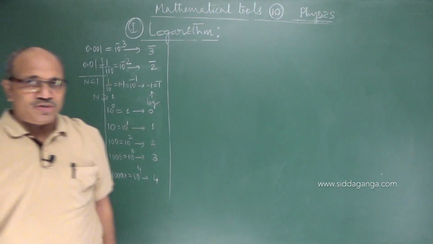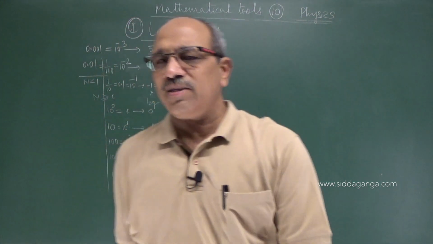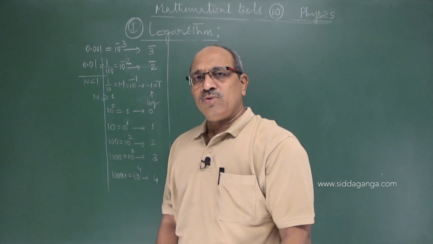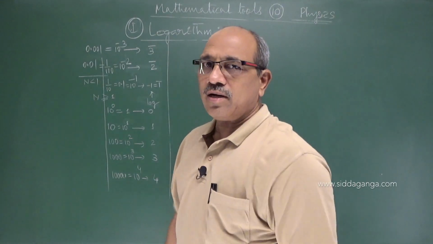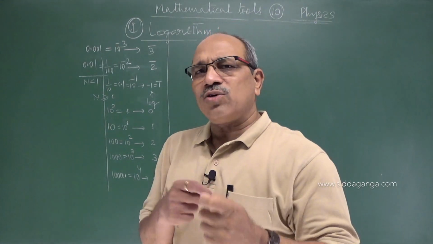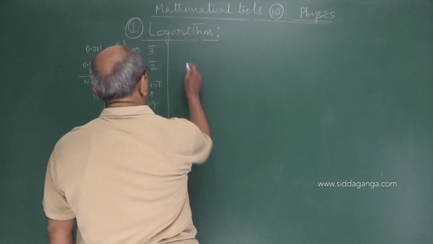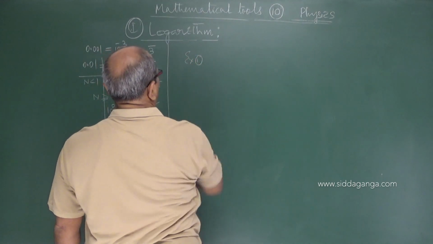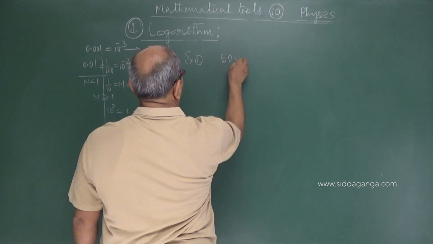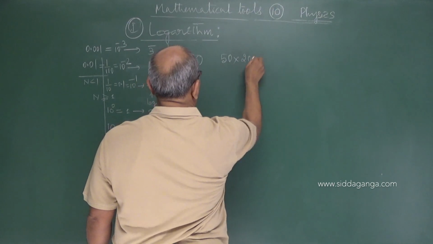To make you understand, I am still taking a simple problem, and how the ready reckoner is applied, and later go to one or two complex problems. First, let us take the example that I want to solve: 50 into 200.